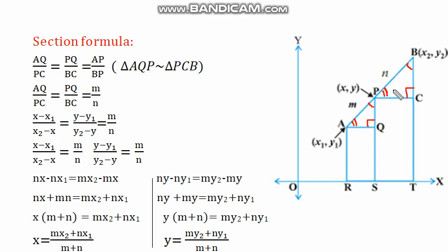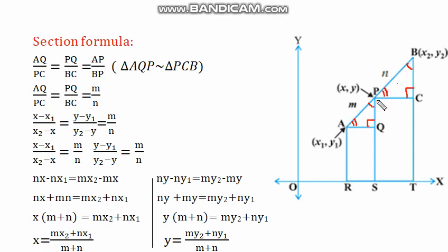So similar triangles, already we know that. In similar triangles, the ratios of corresponding sides are equal. So AQ divided by PC equal to QP divided by CB equal to AP divided by BP.